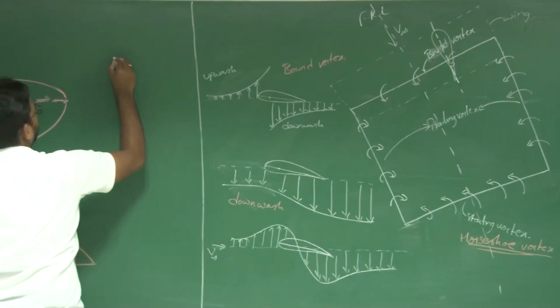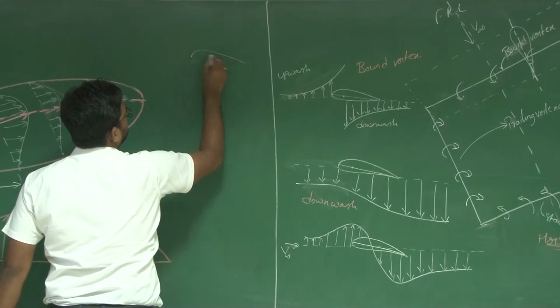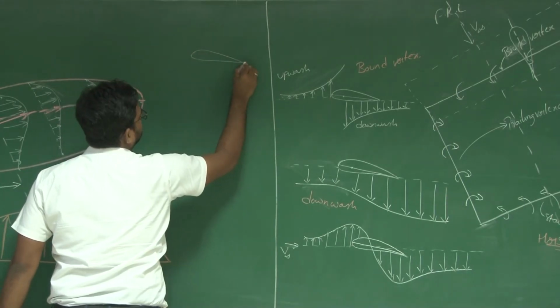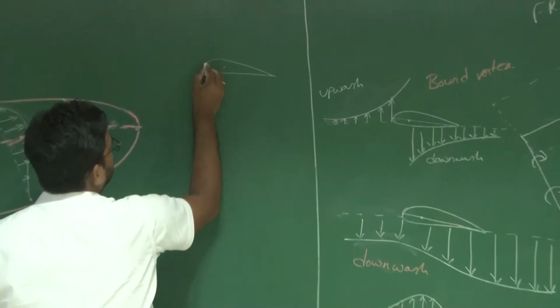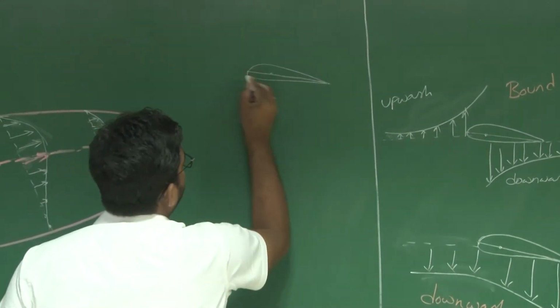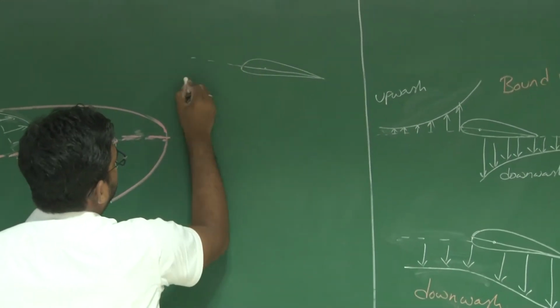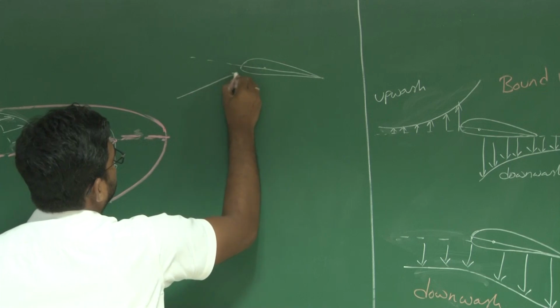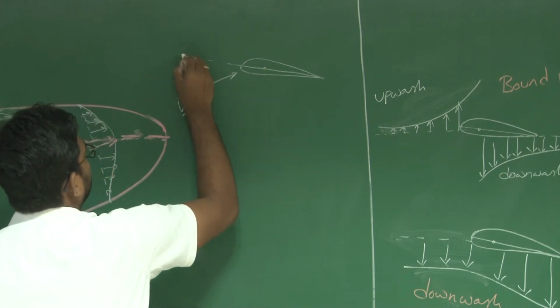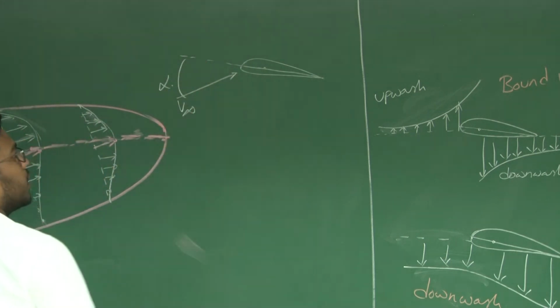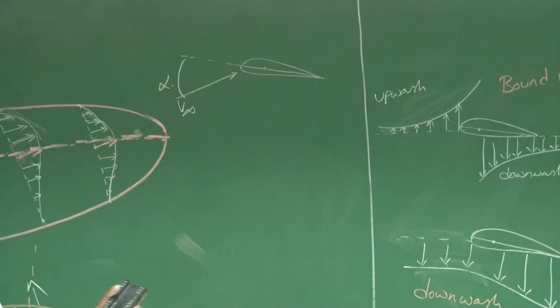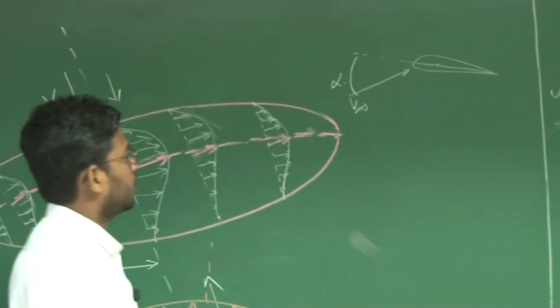So let's say this is your airfoil at that particular span-wise location, and which is at an angle alpha with respect to the free stream velocity of the entire wing, right?